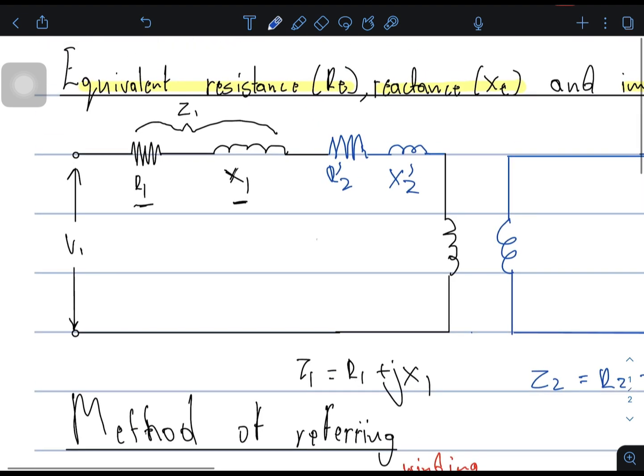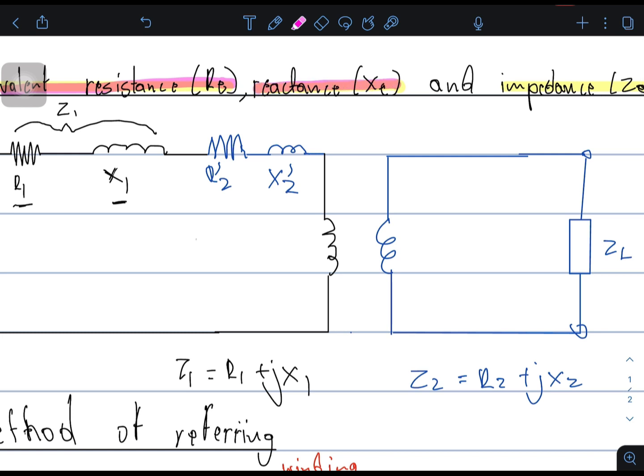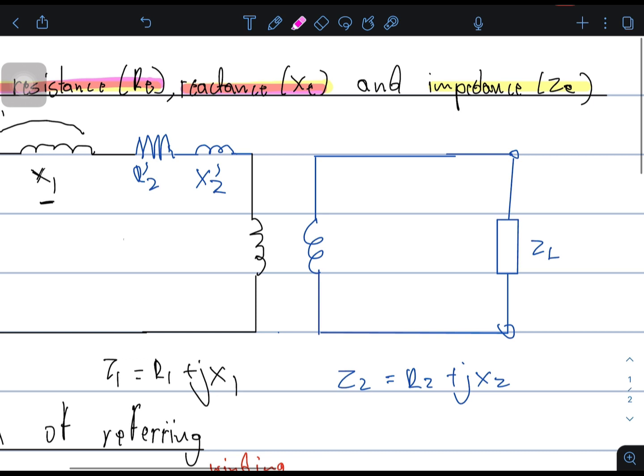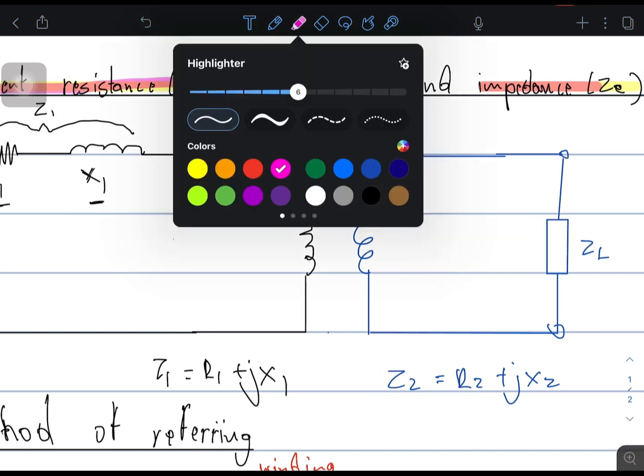We can actually calculate equivalent resistance, equivalent reactance, equivalent impedance. Okay.